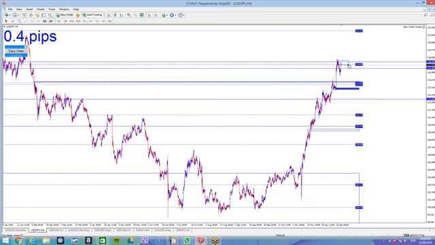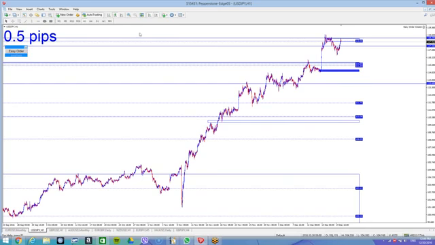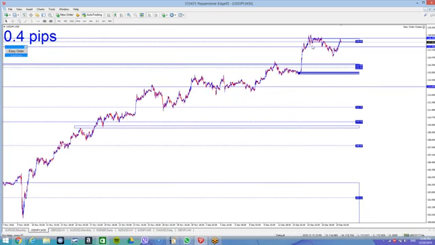So price can hit this place. Right now this is the first obstacle. If price engulfs this one, this would be our next target, and after that, this would be our final target with this kink. I think this kink is important.